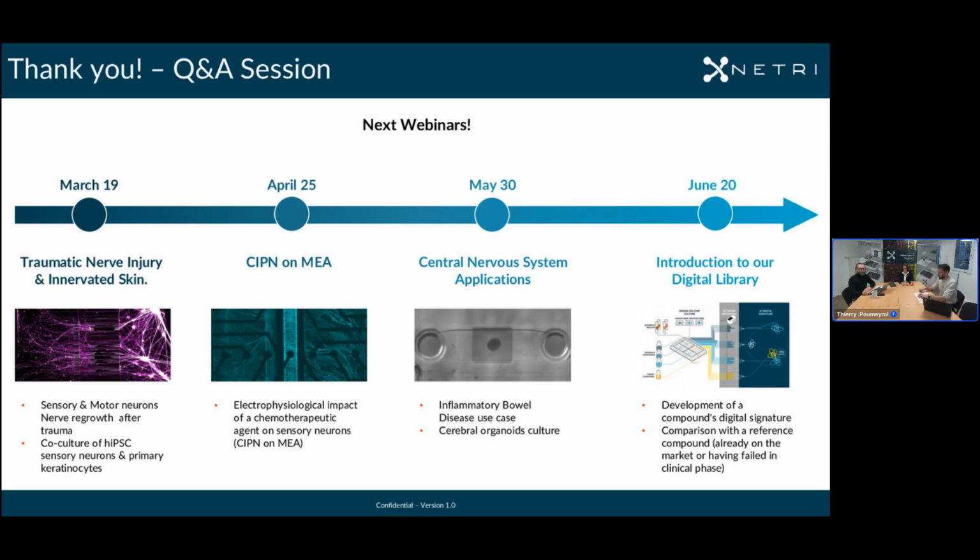This is something we're working on, to have this signature and to be able to detect electrical modification before detecting neurodegeneration. This is also something that is done in clinic, to monitor the change of electrical activity and to stop treatment or reduce dose before having a risk of degeneration of the axon.